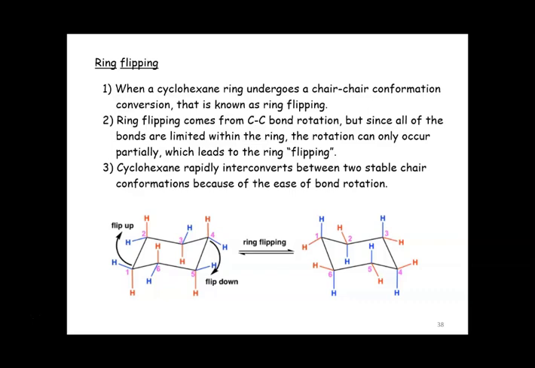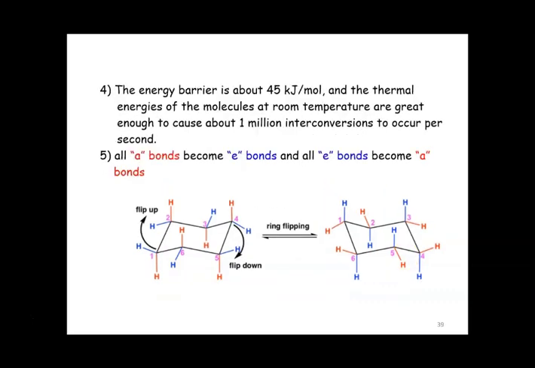Cyclohexane rapidly interconverts between two stable chair conformations because of the ease of bond rotation. The energy barrier between these two structures is about 45 kilojoules per mole, and the thermal energy of the molecules at room temperature is great enough to cause about 1 million interconversions to occur per second.